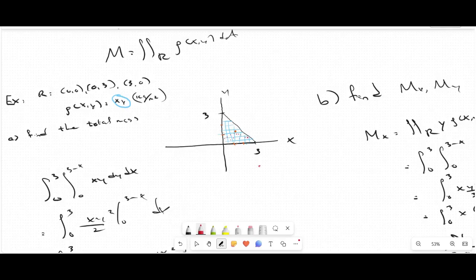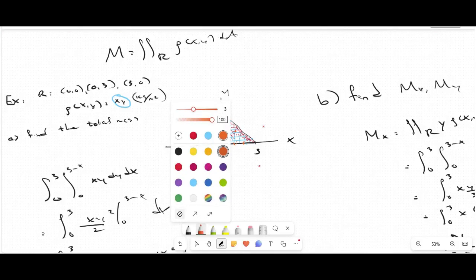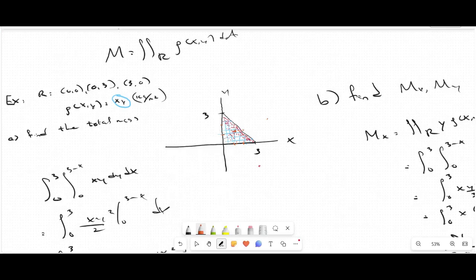But as we get farther from the origin where x and y can both get bigger, the product XY gets bigger and the density is higher. So this object is very dense along this edge here, but much less so as we go toward the origin. And so it forces the center of mass in the direction of all that density.